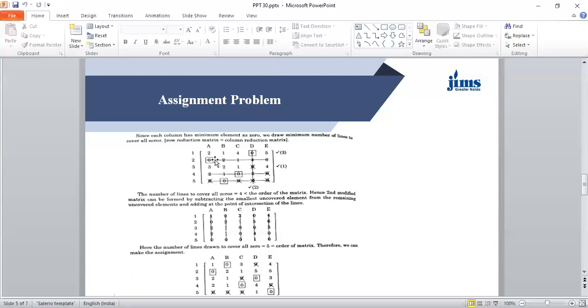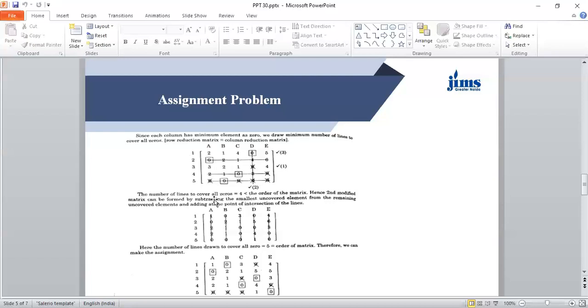So which are the intersection points? You see, the intersection points are 1, because of this horizontal line and this vertical line, then 1, 2, and these are the 3 points which are the intersection points. So whatever is written there, 1 will be added, and 1 will be deducted from all uncovered elements.